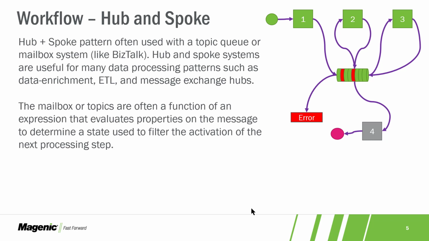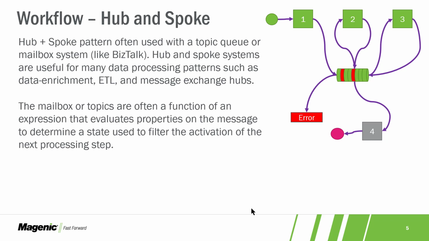The key to these systems is that each workflow step essentially does a query on its store and says, are there any messages that match some expression, which is a Boolean expression, which returns true? And if it returns true, the workflow step attempts to process that message.